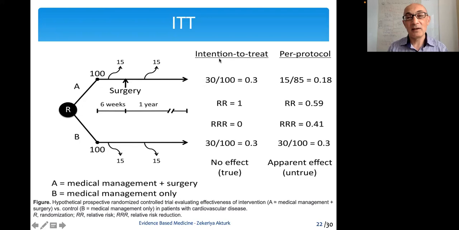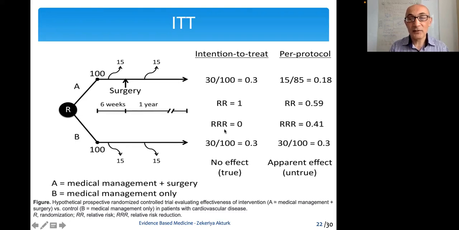You see here, if you analyze it as intention to treat, that means in the group where they were allocated, not depending on whatever protocol they have followed, then you have a relative risk of 1, compared to a relative risk of 0.5 in the per protocol group.